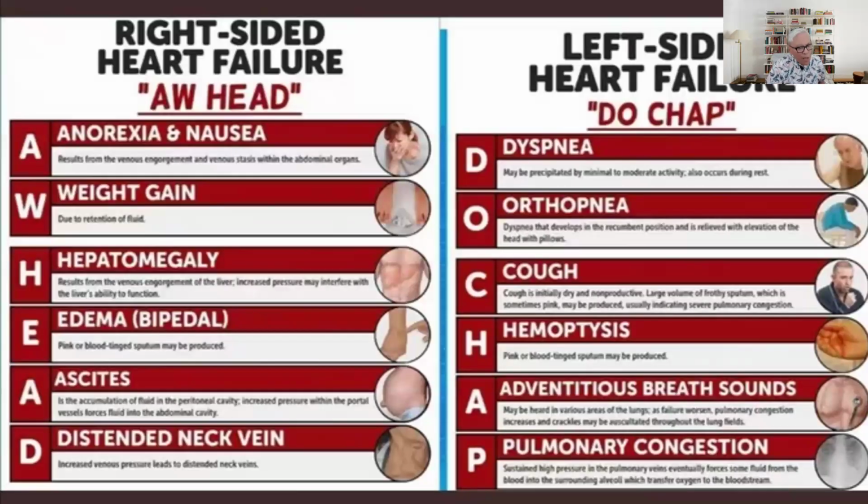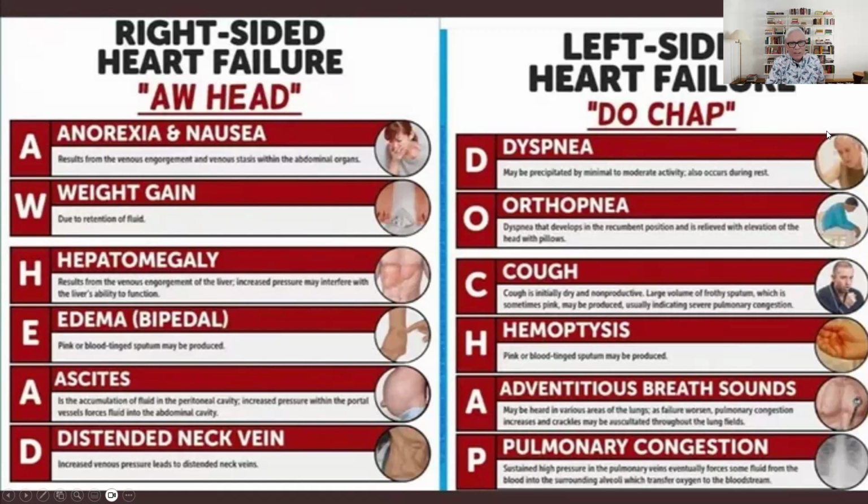Now, there are some authors that say you can remember right-sided heart failure signs and symptoms by remembering the acronym AWHEAD, and AWHEAD stands for anorexia and nausea, weight gain, hepatomegaly, edema, ascites, and distended neck veins.